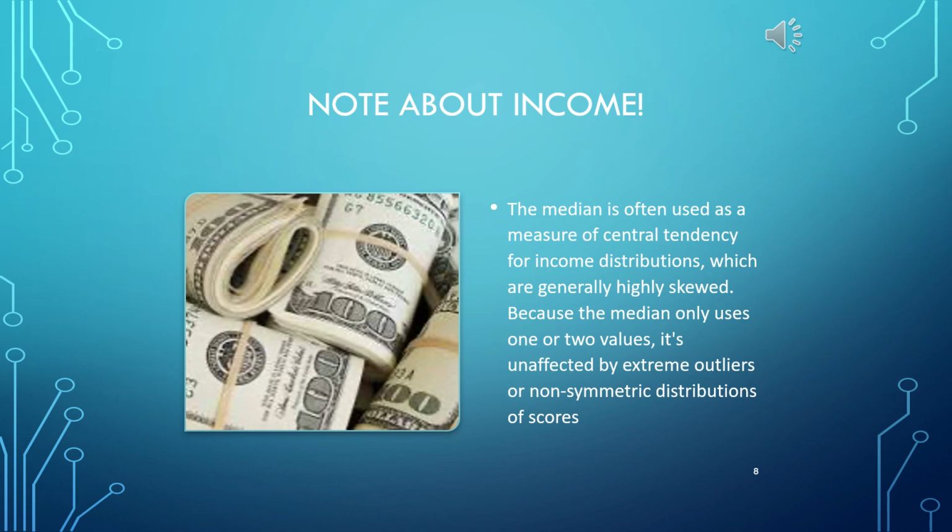Whereas most people make sort of like a medium amount of money or an average amount of money, right? Somewhere between like 30,000 and let's say $100,000 a year. But then there's always going to be a couple people who make several $100 million. And what happens is for those outliers, it really pulls the average out from the main pack of the data. And that can give us kind of a false sense of what the mean would actually be. Median isn't as affected by those outliers, and we'll see that on the next slide.